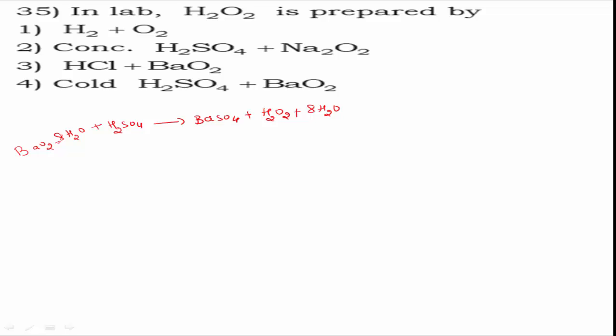Therefore, in laboratory, H2O2 is prepared by the reaction between cold H2SO4 and BaO2. The correct answer is option 4.